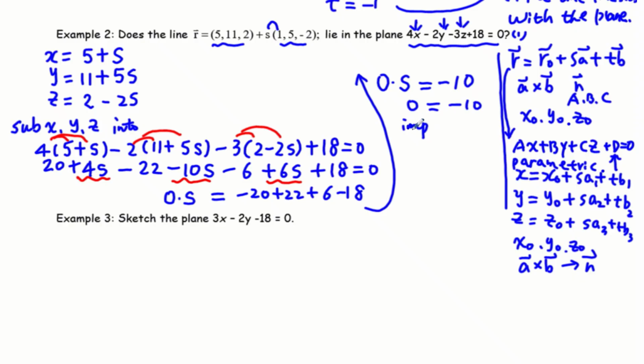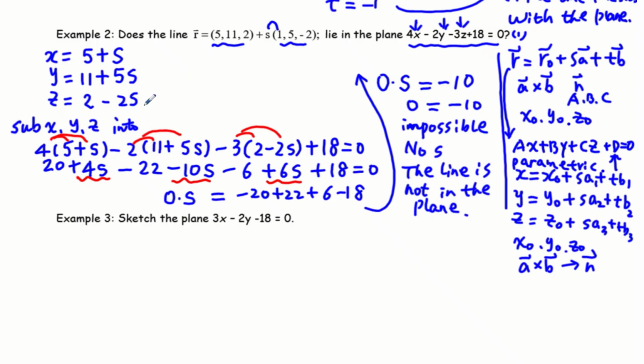So what it means is no s will satisfy this plane. So it means that the line is not in the plane. If we find this is not 0, and we have the s value, it means we sub back and have a point of intersection.